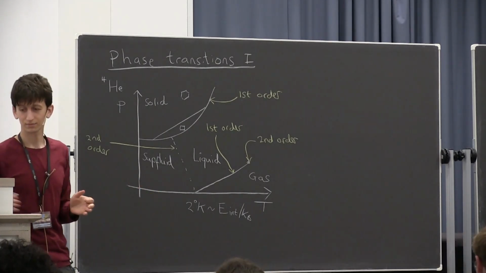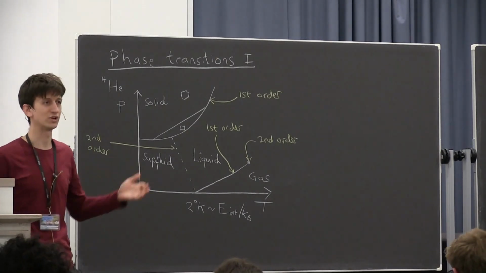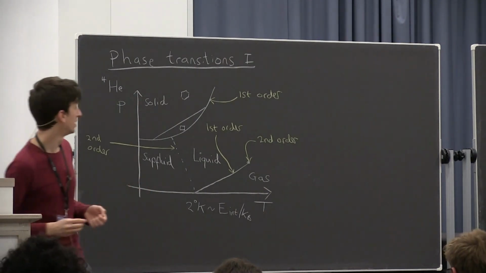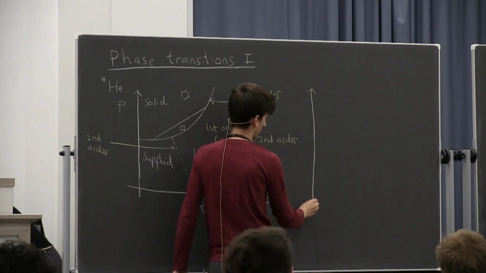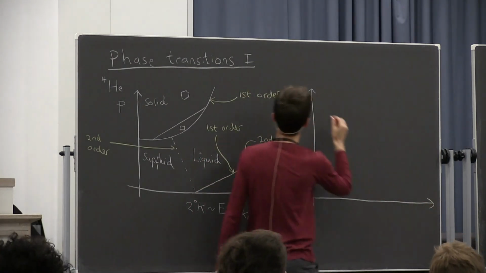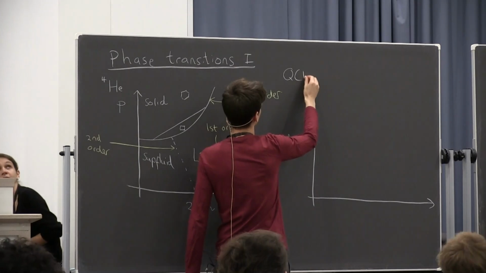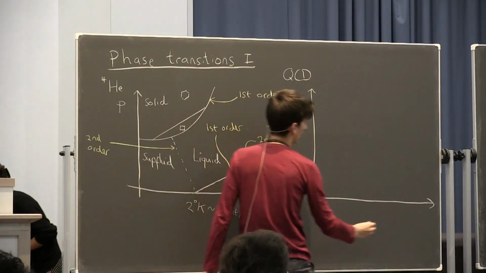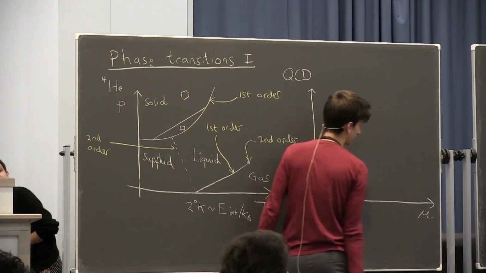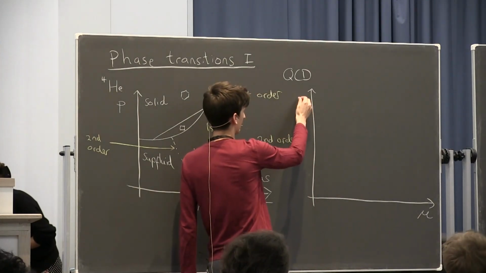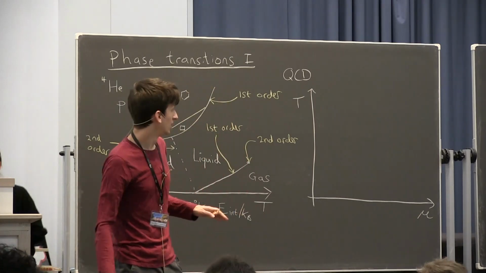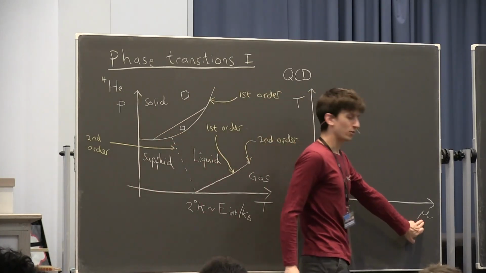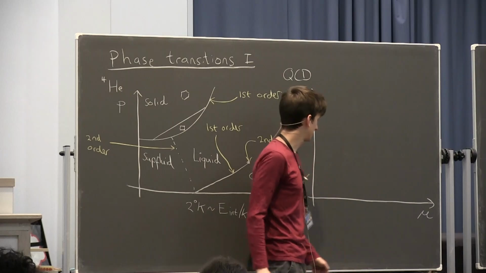In general, if we pick an interesting model, there'll be quite a lot of stuff going on. Let's pick another interesting model of more interest to people here. Let's pick QCD. And here I'm going to slightly switch things so that I have the temperature on the y-axis, just because this is the conventional way of drawing things, and the chemical potential on the x-axis.